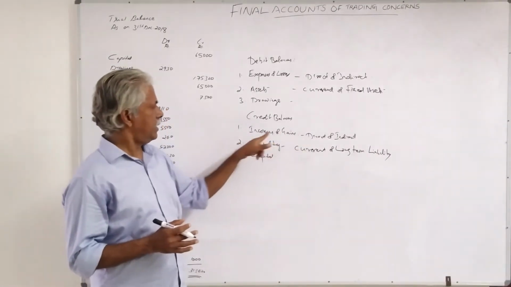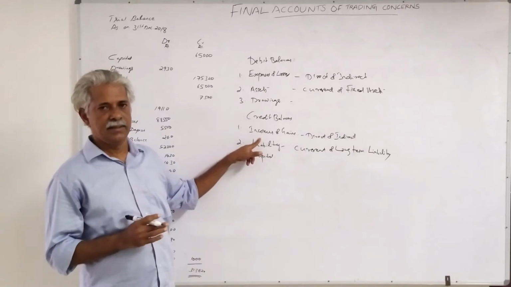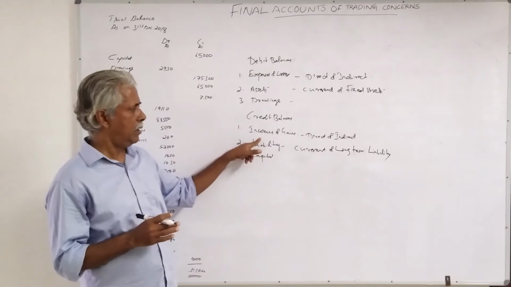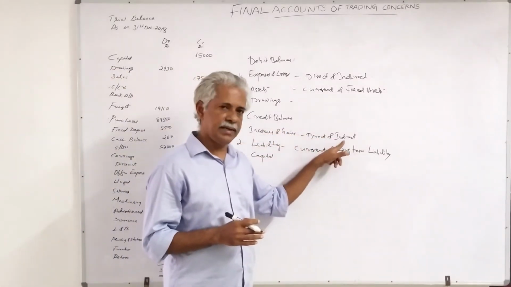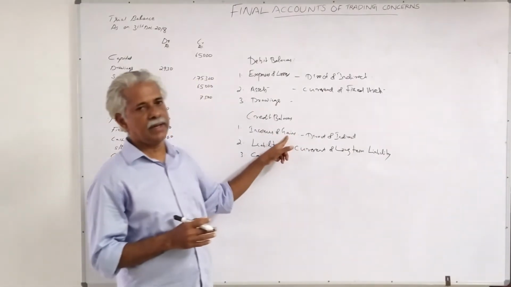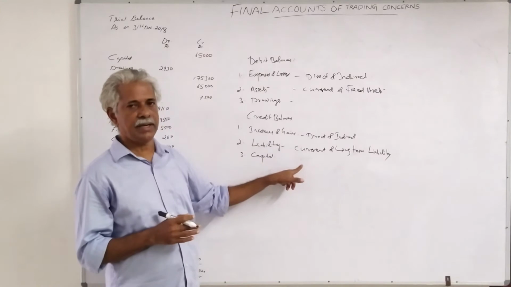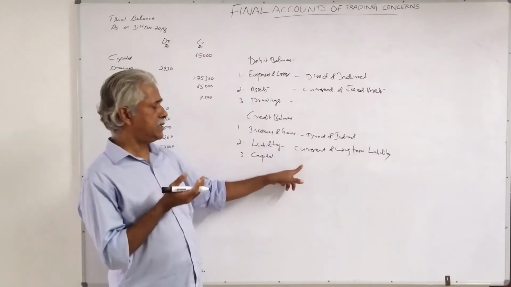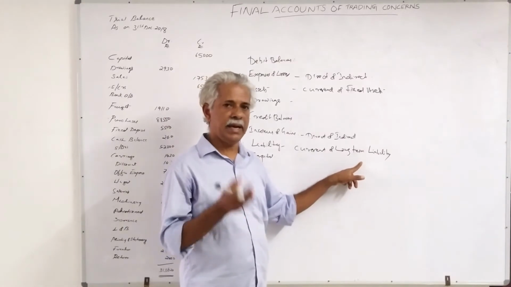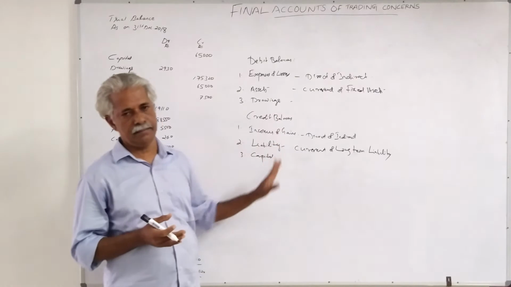Then direct income represented by sales will be credited in the trading account, while other incomes, that is indirect incomes, will be taken on the credit side of the profit and loss account. And as regards liability, the current liabilities will be listed first, followed by long-term liability, and finally by the most permanent liability of capital.